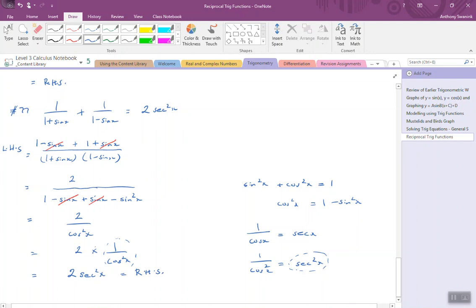So again, this last step can be thought of as 2 times 1 over cos squared x, and because 1 over cos x is equal to sec x, 1 over cos squared x, we're simply squaring both sides here, is equal to sec squared x. So I'm replacing this 1 over cos squared x with sec squared x. And we've also added 2 times that, so 2 sec squared x, which is the right-hand side.